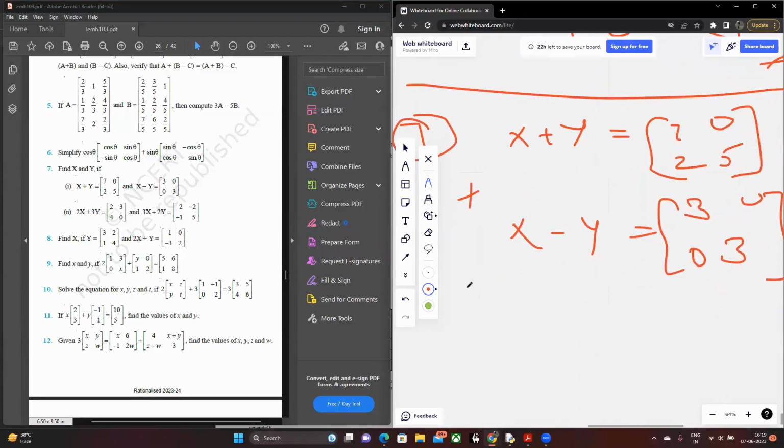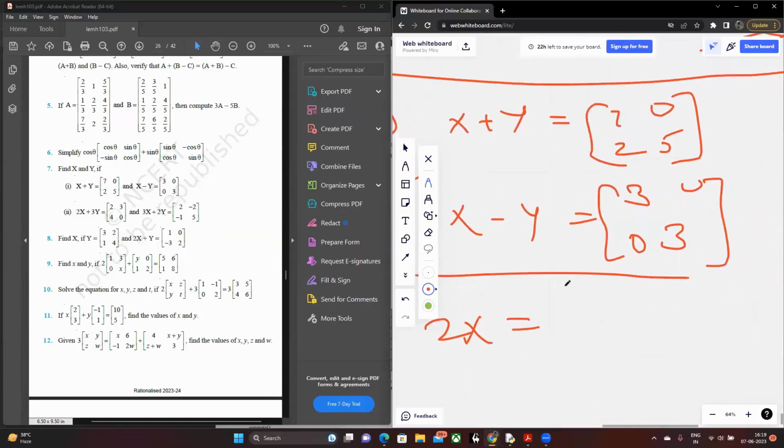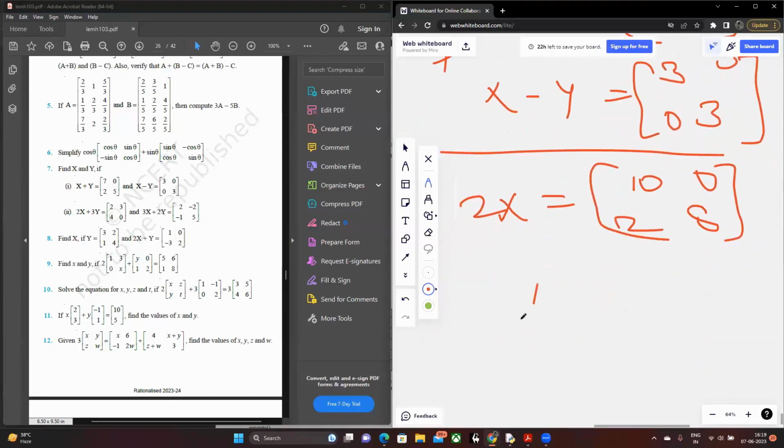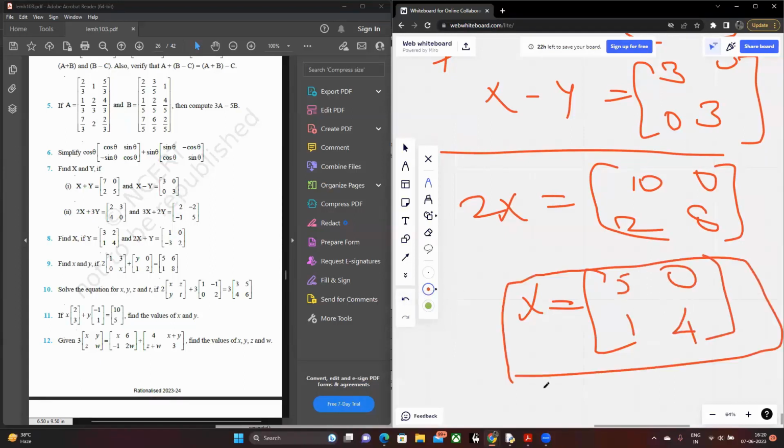Adding these two equations, what we get is 2x equaling 10, 0, 2, 8. Or x is equal to 5, 0, 1, 4. Right, this is what is x.